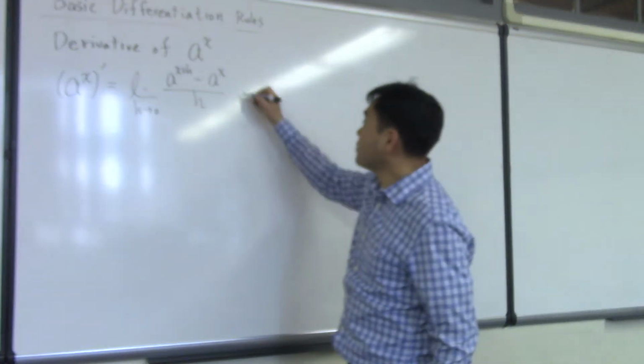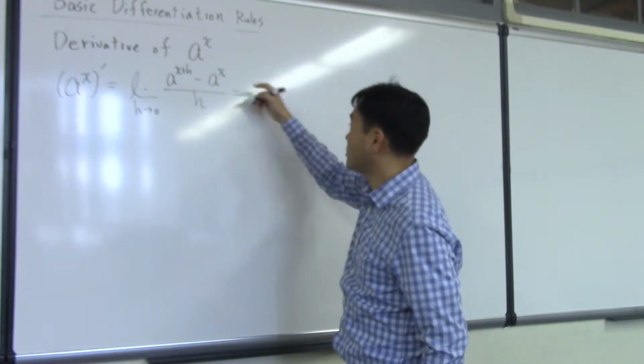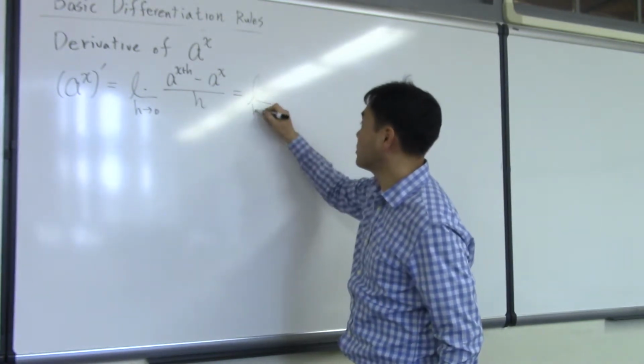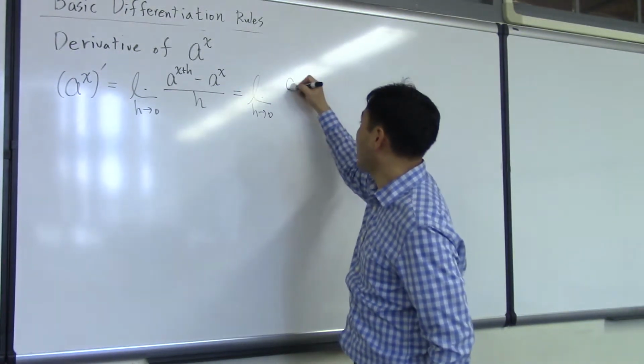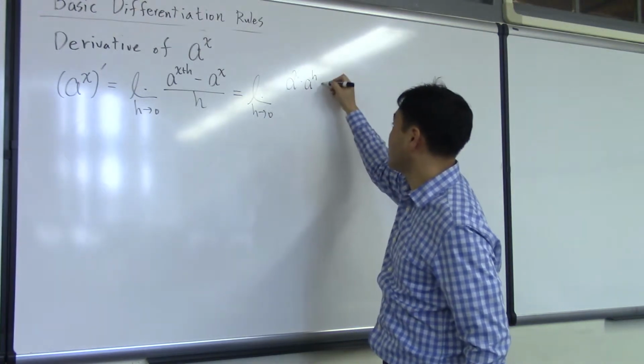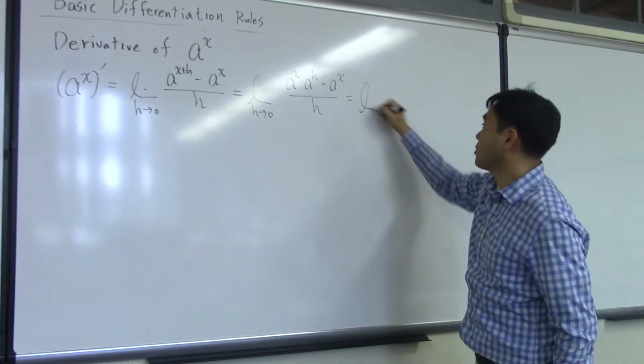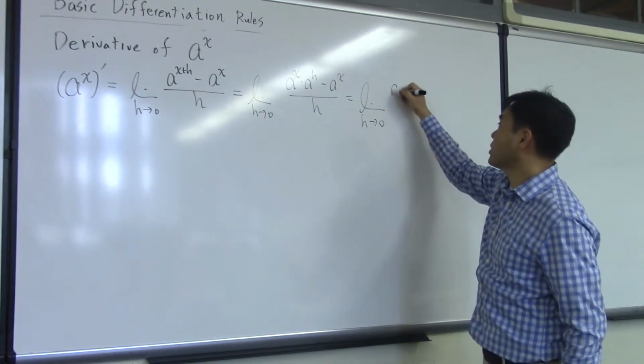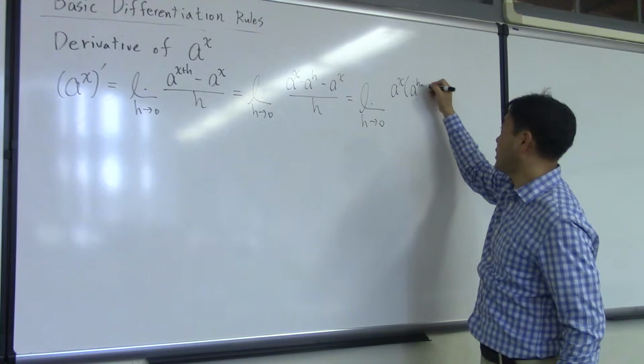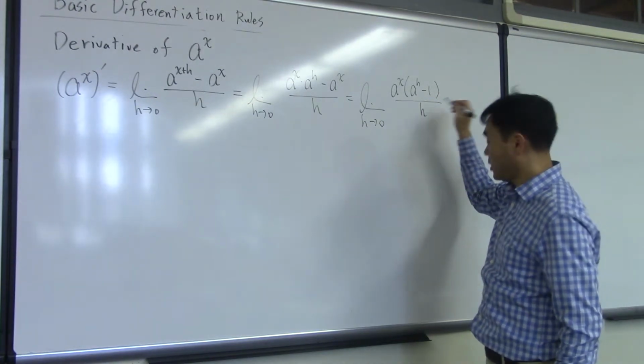And therefore, we get, well, this is a to the x times a to the h minus a to the x over h. So that gives you a to the x times a to the h minus 1 over h.